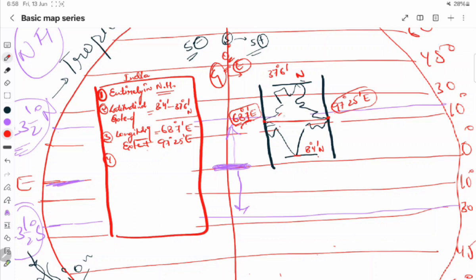West to east is 2933 kilometers, and from north to south we have 3214 kilometers.